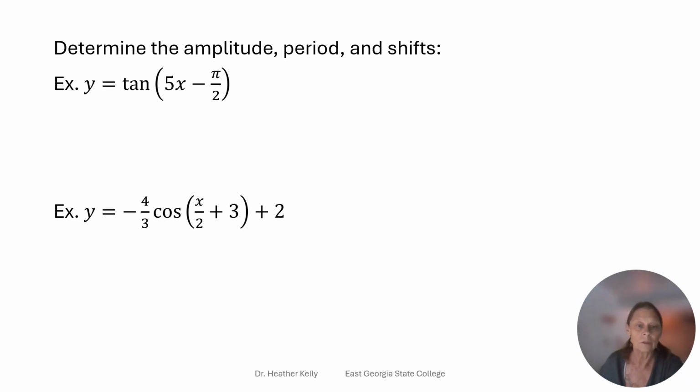Okay, so let's do this one. The amplitude for our tangent of 5x minus pi over 2 is 1. That means the range goes from negative infinity to positive infinity because it's tangent.